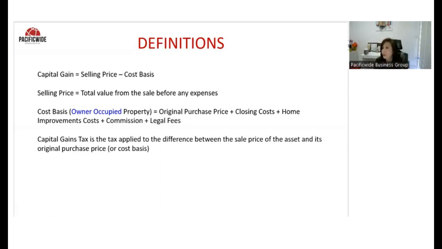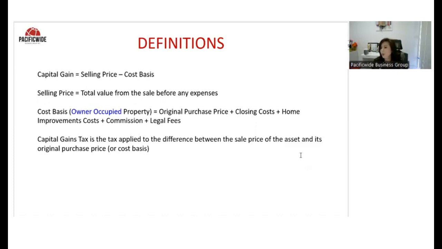And the moment the room is added, the home value goes up, and that home improvement cost will be included here. So when you put money into the property to improve it and make it more valuable, that's called home improvement cost at the time you purchase it.